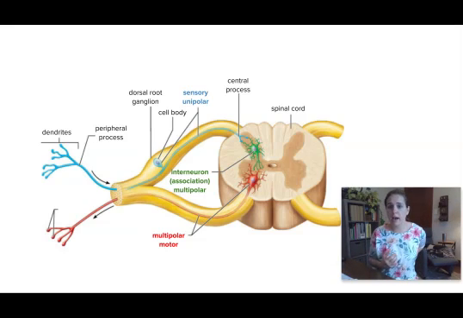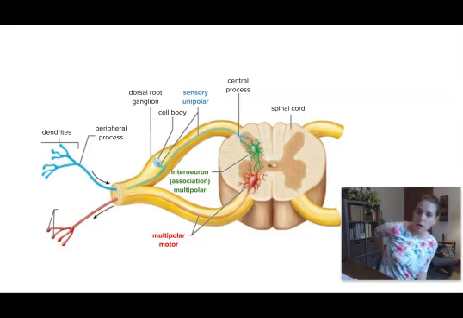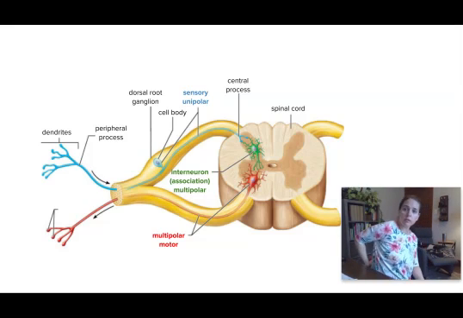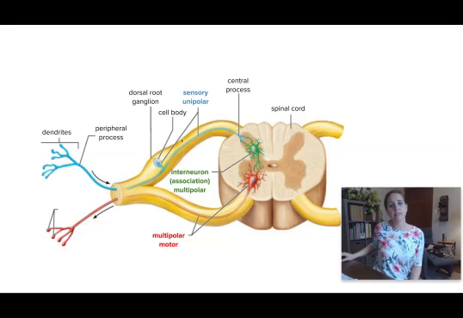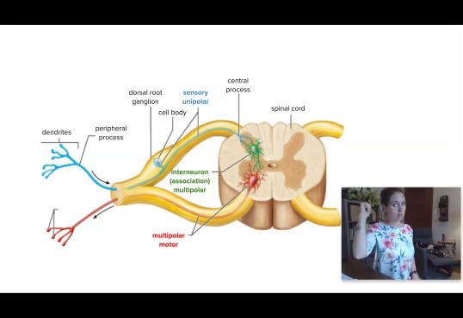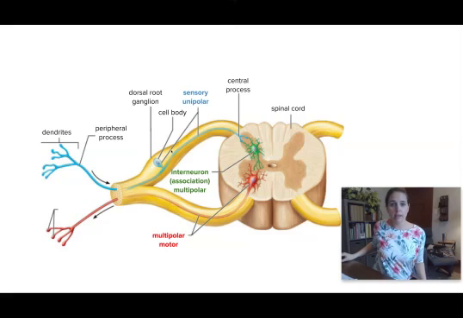So it's on the dorsal side. I really wish we were in class and I could show you a model of this. But if I were to pull this section of the spinal cord out of my back or out of a model, this section right here with the bulge would be on my dorsal side, closer to the back. And so we call this the dorsal root. This entire track is the dorsal root.